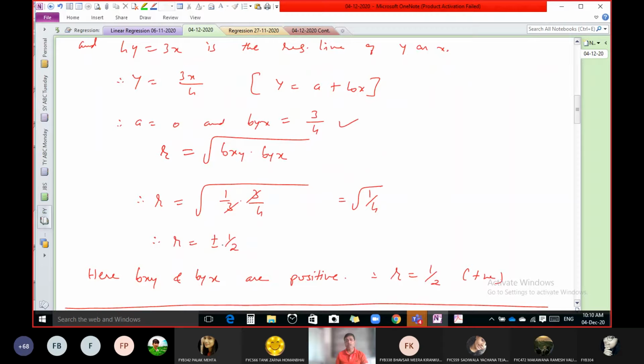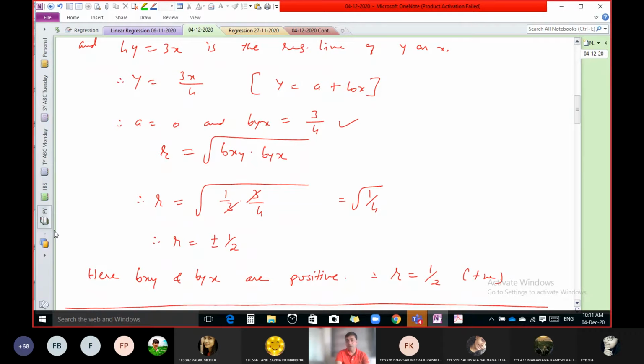Now we know the property that the value of r, byx and bxy all should have the same sign. Here bxy and byx both are positive, so our r should be positive, so we get r equal to 1 by 2.